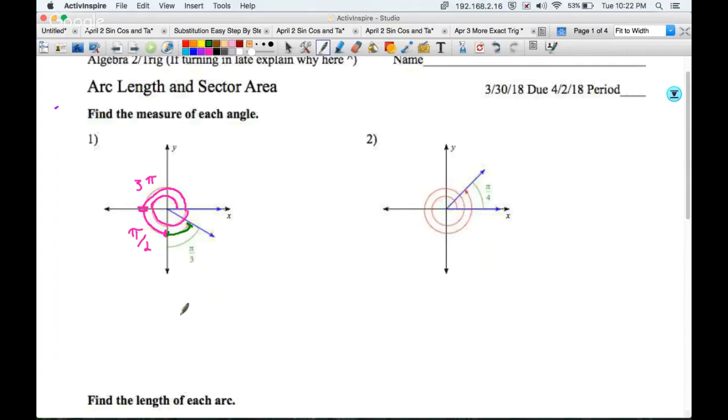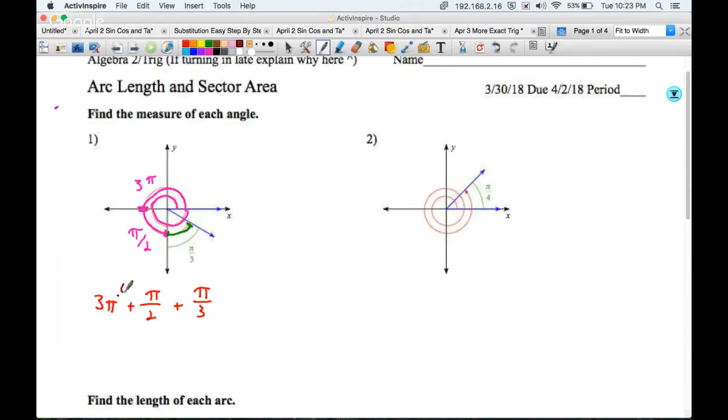And here's where we have to be good at our fractions. So 3 pi plus pi over 2 plus pi over 3. I need to get everything to have a common denominator, so the easiest common denominator would be 6.